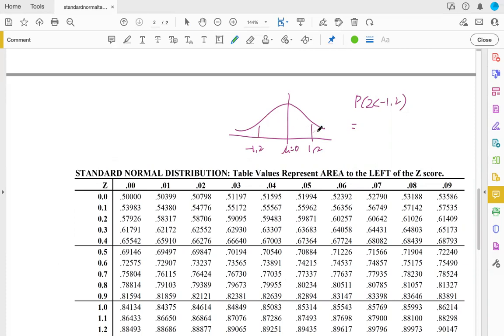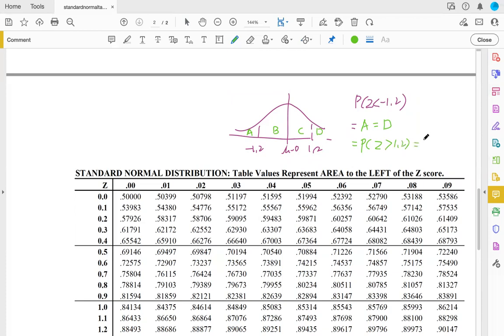So I will say this part is A, B, C, and this is D. So I can say that A equals D. Or I can say P(Z smaller than negative 1.2) equals P(Z bigger than 1.2).